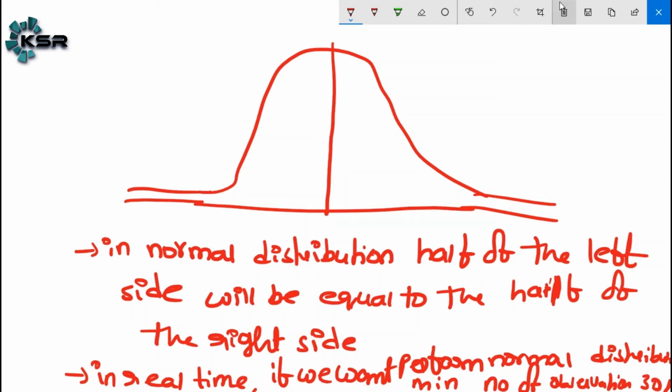In linear data, if you want to apply normal predictive modeling, your continuous data should be normally distributed. Let me write down that point also.